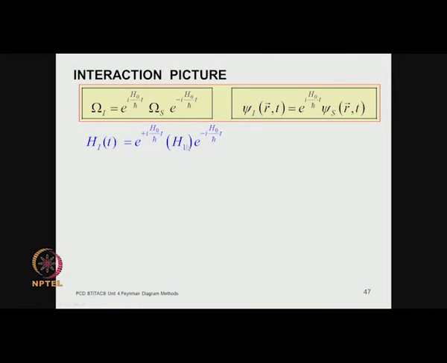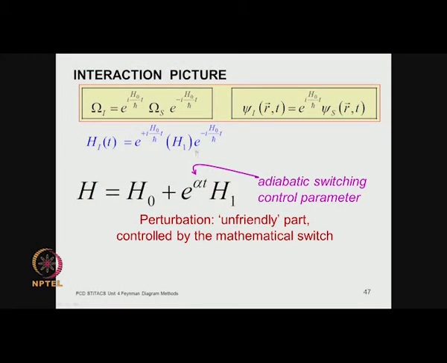And in this interaction picture, the correlation term, the difficult part of the Hamiltonian, transforms to this, but this was the actual interaction that we wanted to work with. But now the interaction that we have to work with is not just H1, but H1 times e to the alpha t. Okay. In our formalism, we have now introduced this e to the alpha t.